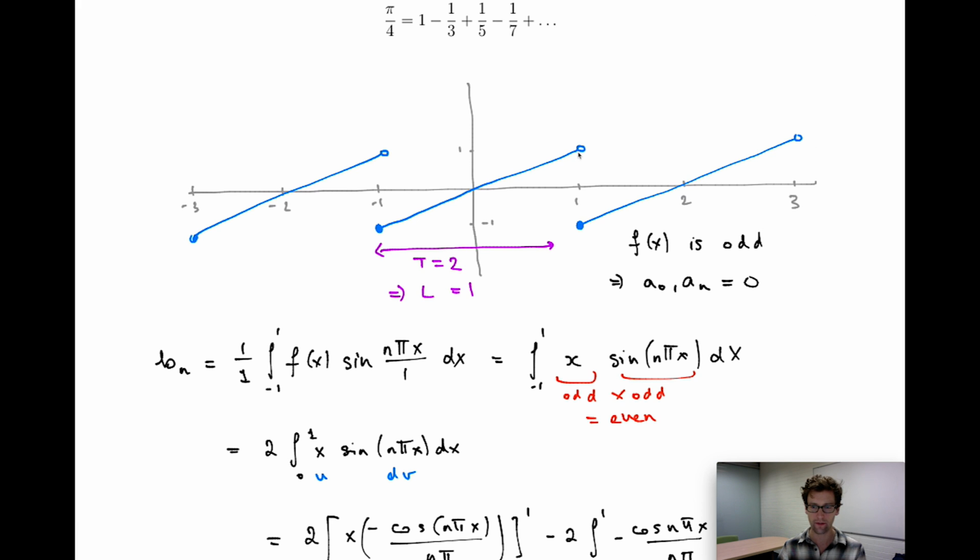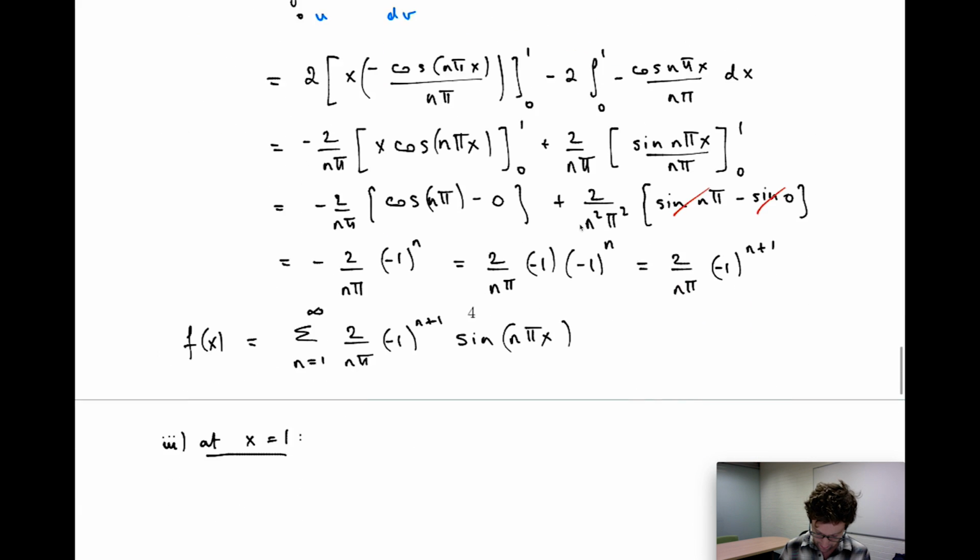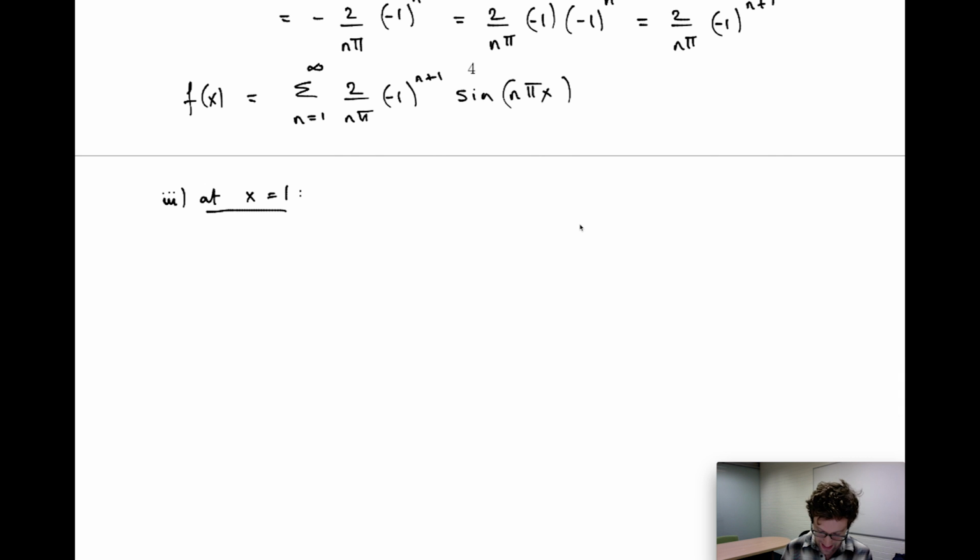I have a value defined for my function, which is given by this point down here. It's given by minus 1. But what we're looking for is what the value of the Fourier series is at x is equal to 1. So let's see what would happen if I was to put x is equal to 1 into my formula for my Fourier series.